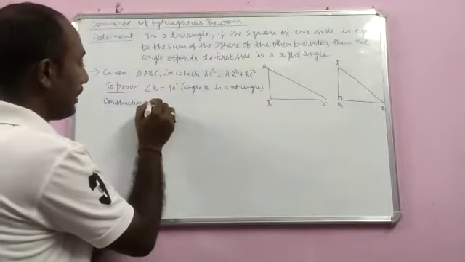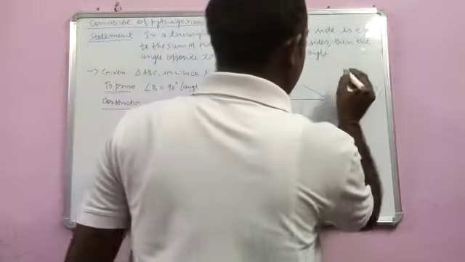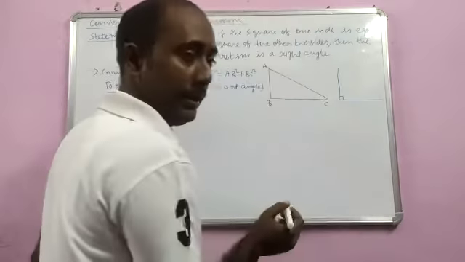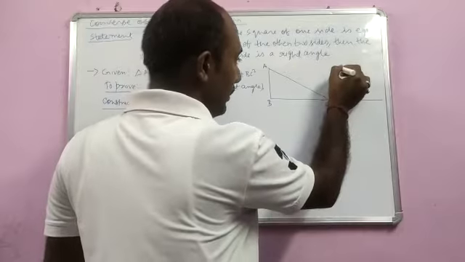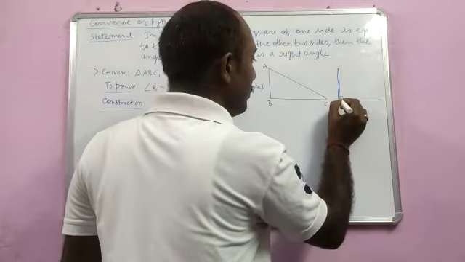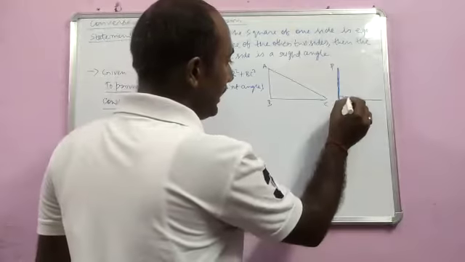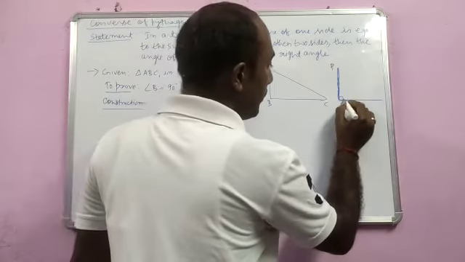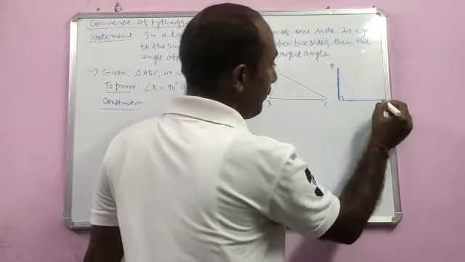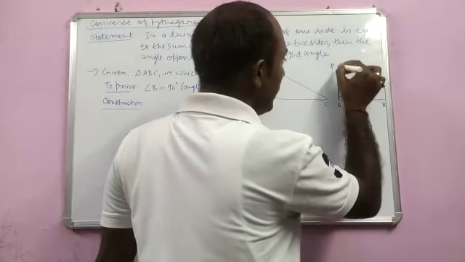So in construction, let us try to understand it in a much better way. What we will do is we will draw a 90 degree angle. And we will take this part equal to what AB is, and we will extend it up to the length equal to AB, and then we will name it as P. And this side equal to this side BC, we will produce it up to equal the length of the side BC, and then we will name it as R, let this be Q, and then we will join.